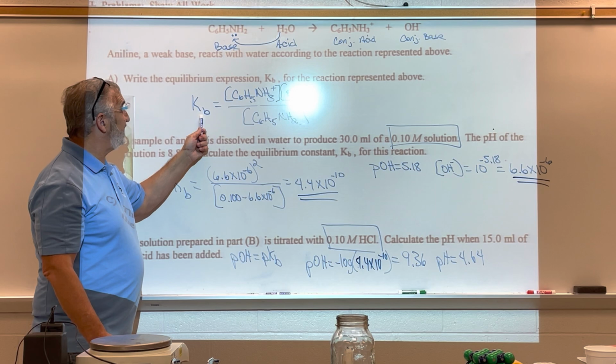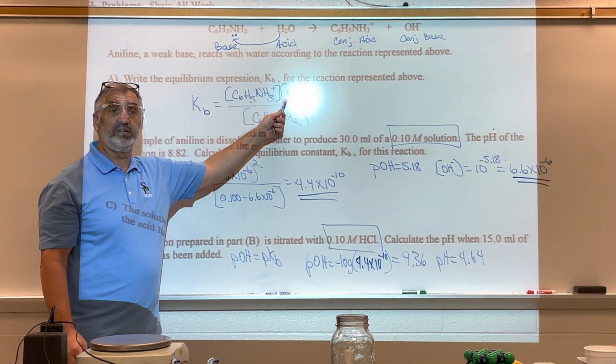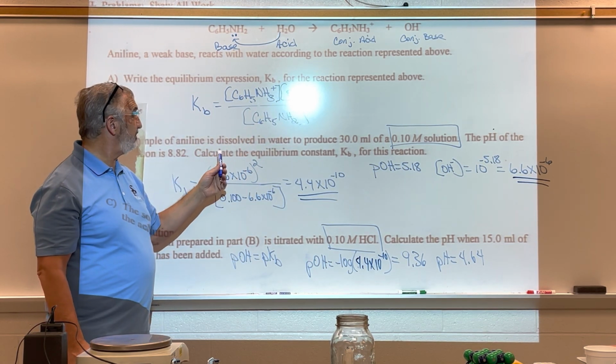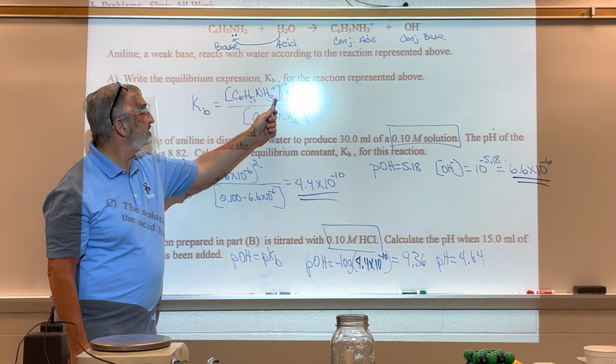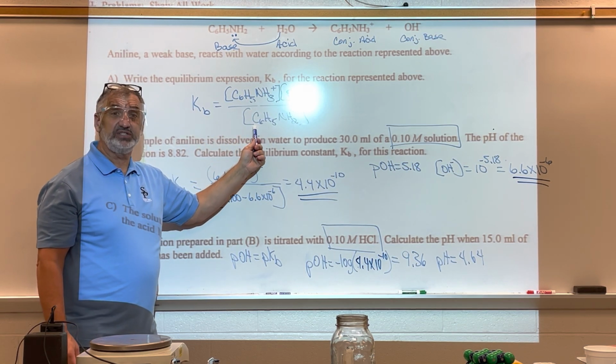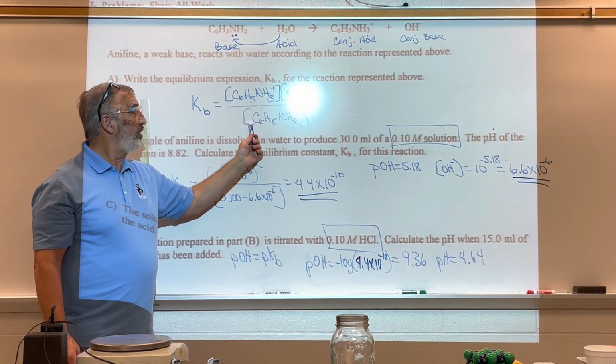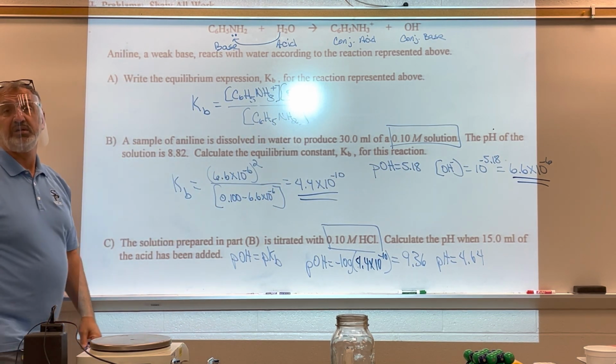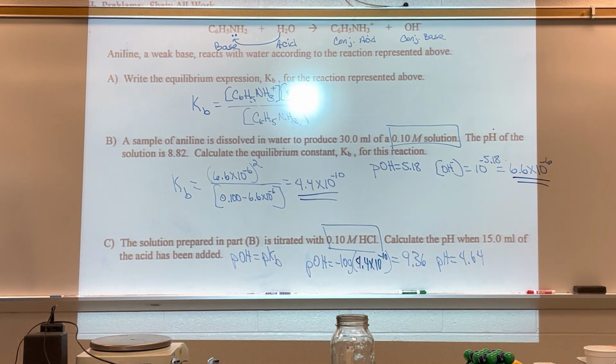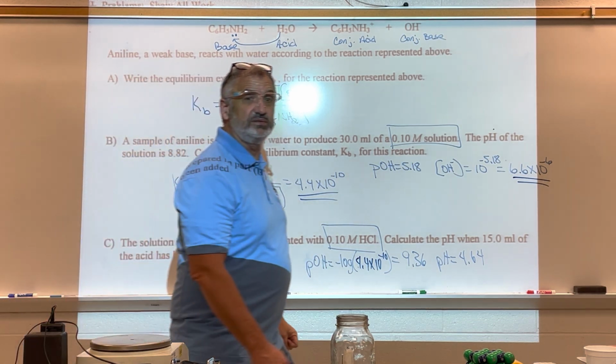If I'm going to find Kb, I have to know what all three of these are. It tells me my initial, this is x, initial concentration minus x. Okay, or always. All right? Anybody have any questions on those? Now D is the fun one.